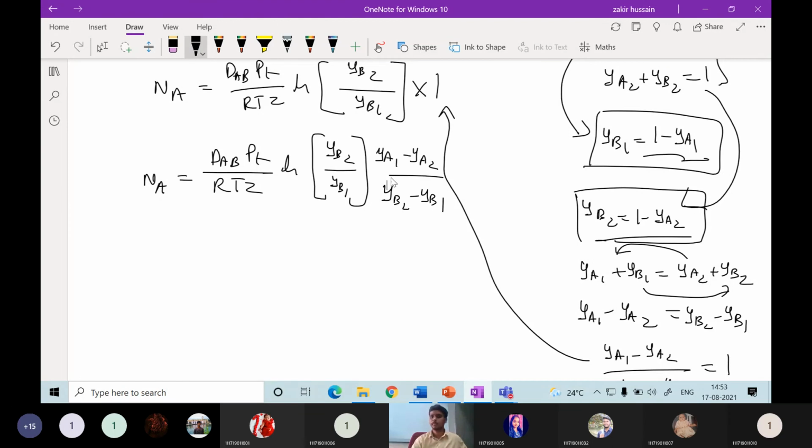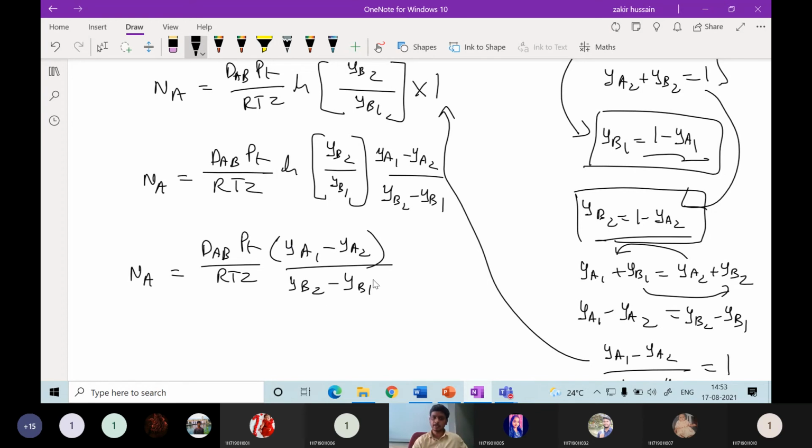Therefore, we can write NA is equal to DAB PT by RTZ into YA1 minus YA2 divided by YB2 minus YB1, and we can move this to the extreme denominator, that is ln YB2 by YB1.